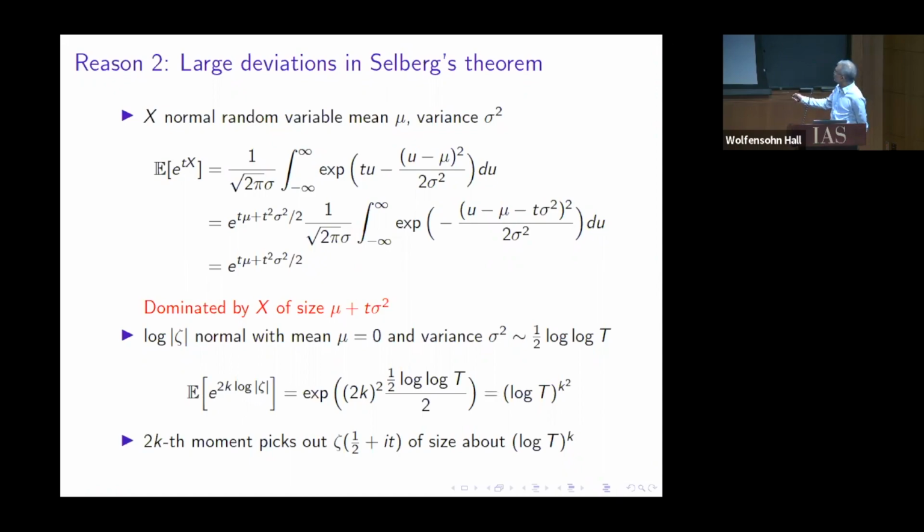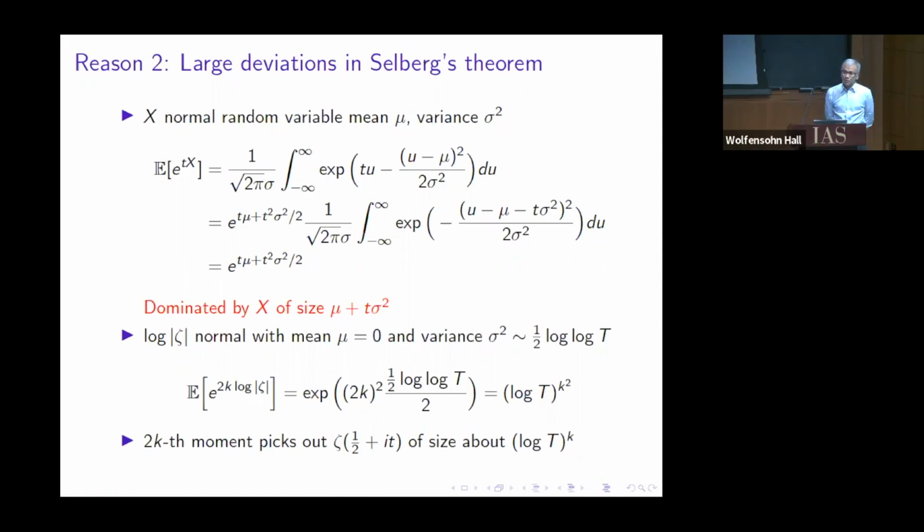This is e to the tX, and then this is the probability of your random variable taking values around size u. Okay. And now you can complete the square here. So if you complete the square, you get this same Gaussian integral with the result of completing the square out front. And this Gaussian integral is just 1. So in other words, it's a simple calculation for what the moments of a Gaussian random variable should look like.